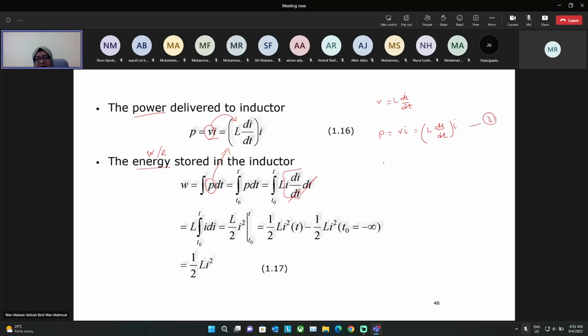And the fifth equation is for energy, W. W is the integration of P dt. So you just substitute this equation, L i di/dt times dt. Here you can cancel out over here. L is brought out because it is a constant. What you need to integrate is only i di.